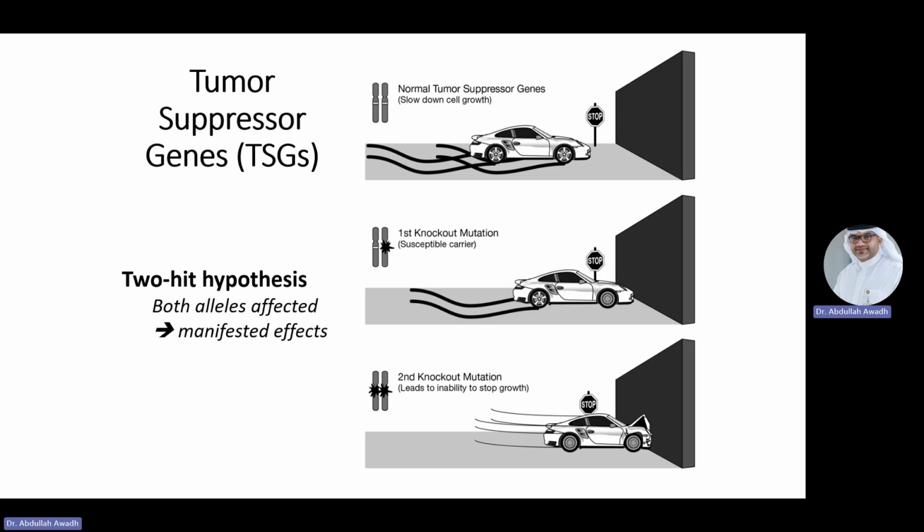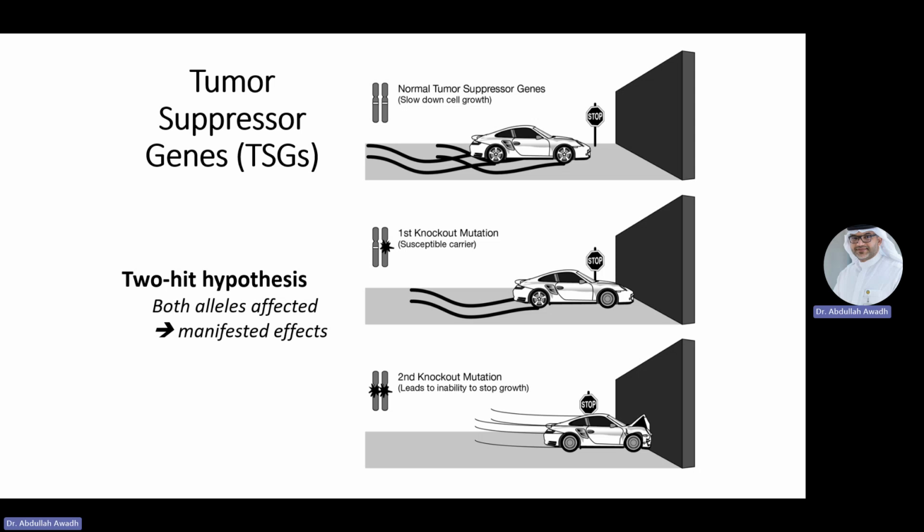Now, the tumor suppressor genes are not about being on or off, working completely or not. There is what is known as the two-hit hypothesis. There are two alleles of each of the tumor suppressor genes.